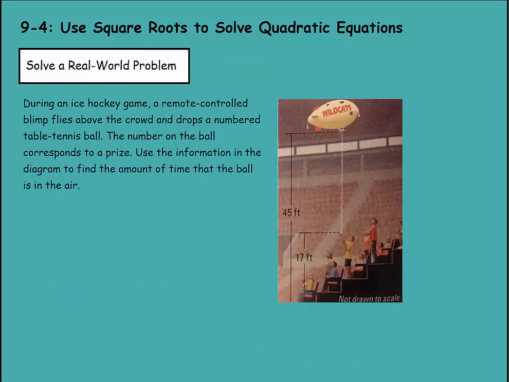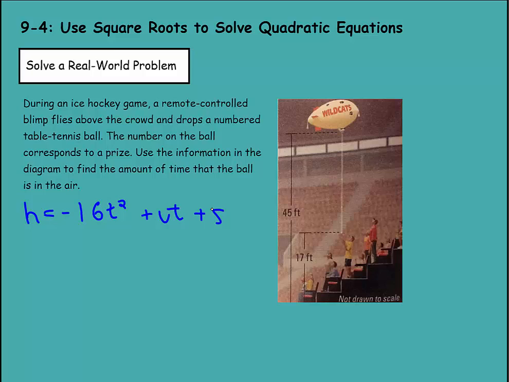Now we can solve a real-world problem. It says during an ice hockey game, a remote-controlled blimp flies above the crowd and drops a numbered table tennis ball. The number on the ball corresponds to a prize. Use the information in the diagram to find the amount of time that the ball is in the air. Here we can use our vertical motion model, h equals negative 16t squared plus vt plus s.